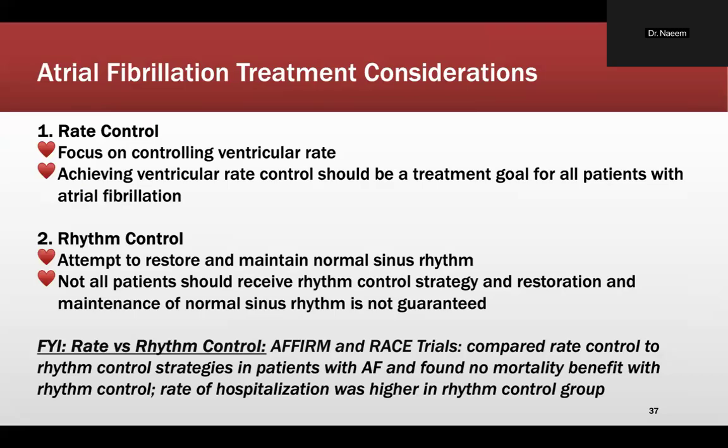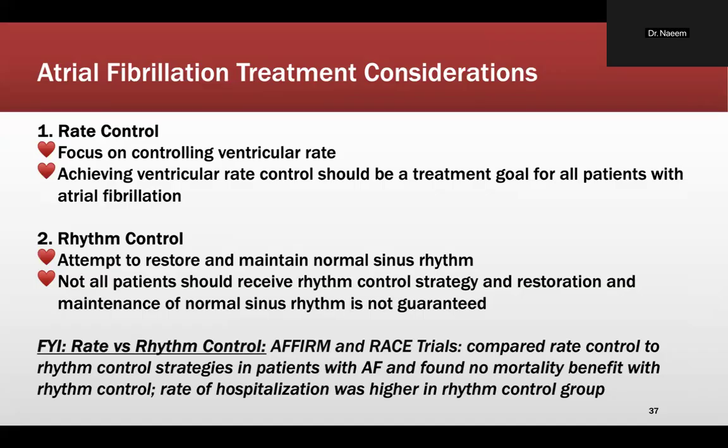Achieving ventricular rate control should be a treatment goal for all patients with AFib. Rhythm control is the attempt to restore and maintain normal sinus rhythm. Not all patients should receive rhythm control, and restoration and maintenance of normal sinus rhythm is not guaranteed. So primarily, rate control is what we aim to do.